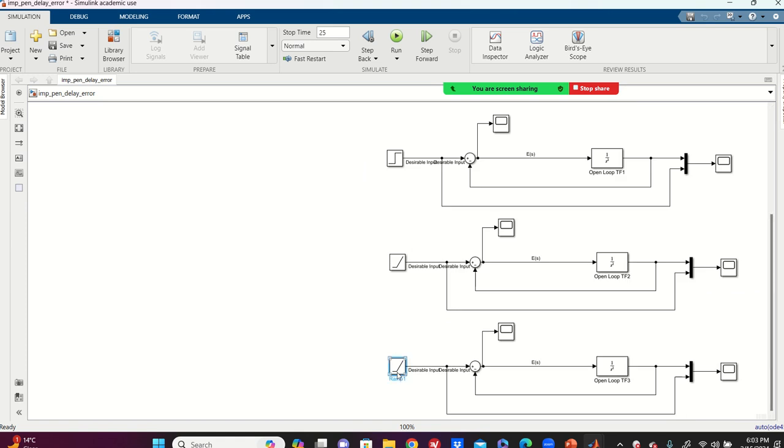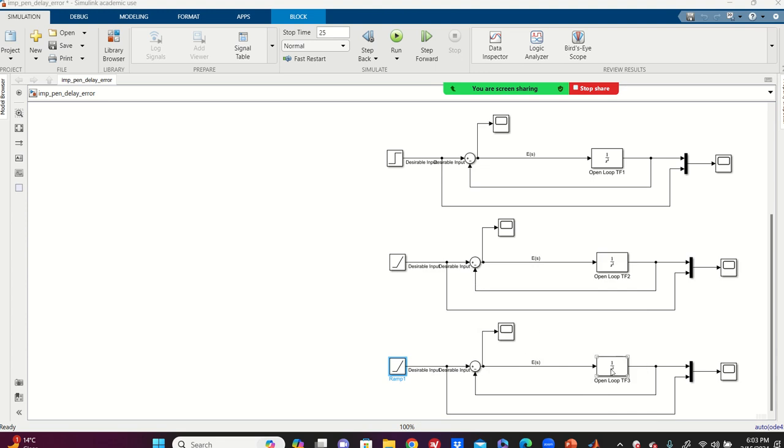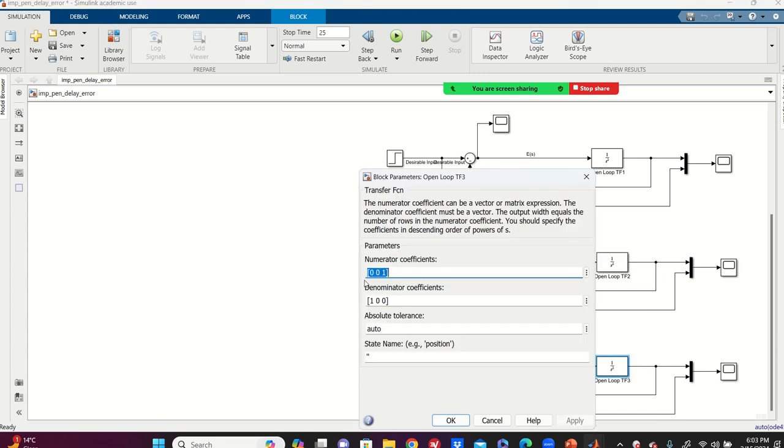Okay. So as we did, this is just again this, and now I have to change this open loop transfer function.